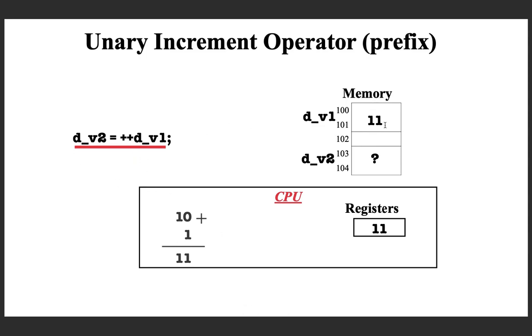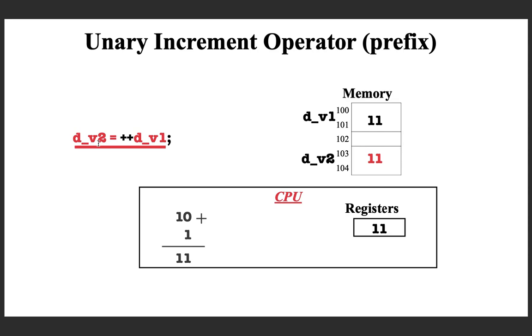So what is the value? 11 is the value. That value will be assigned to the variable in the LHS. So that is the prefix. Prefix means use the value only after the increment. Okay, so you increment first and then use it to compute the expression.